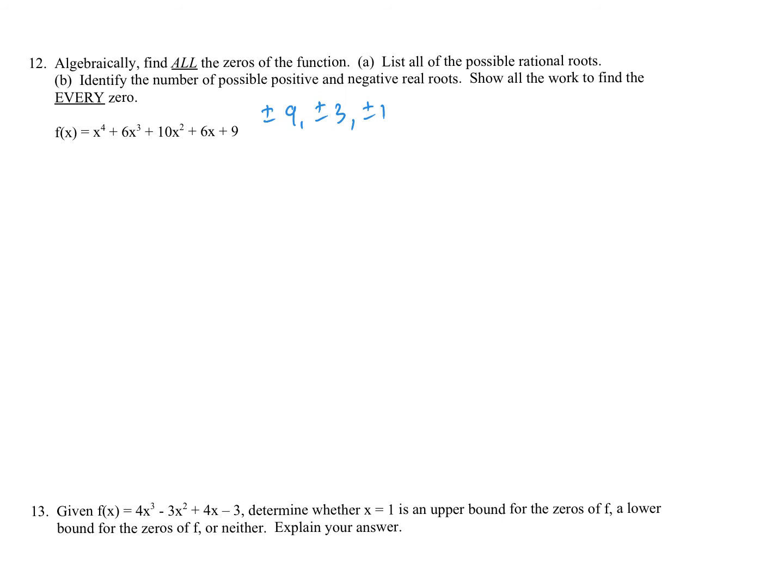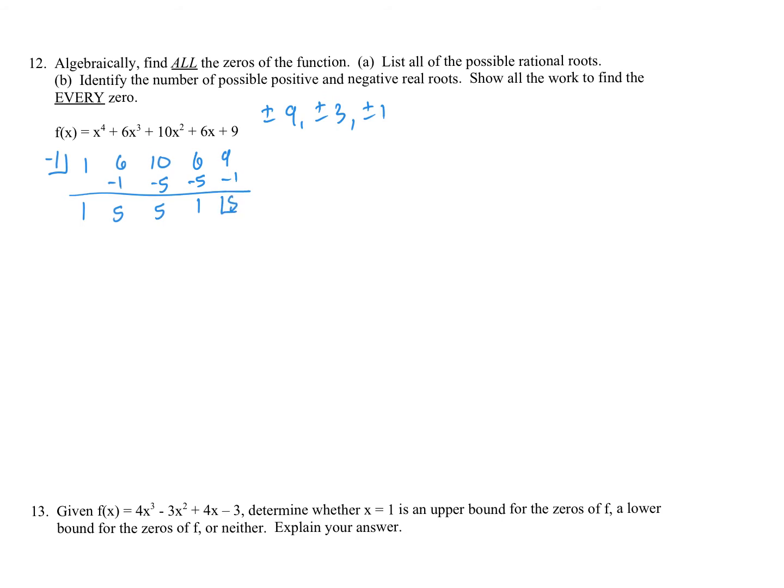So here, I'm going to start with negative 1. And that gives me 1, 6, 10, 6, 9. I'm going to check it. So 1, negative 1, 5, negative 5, 5, negative 5, 1, negative 1.